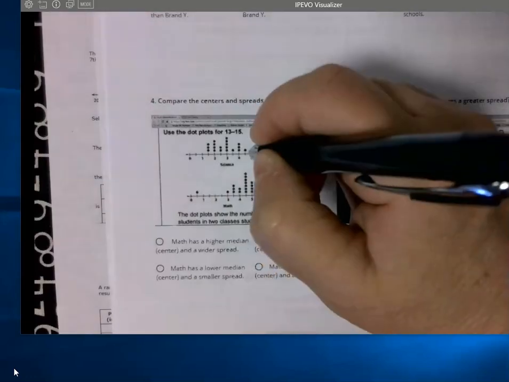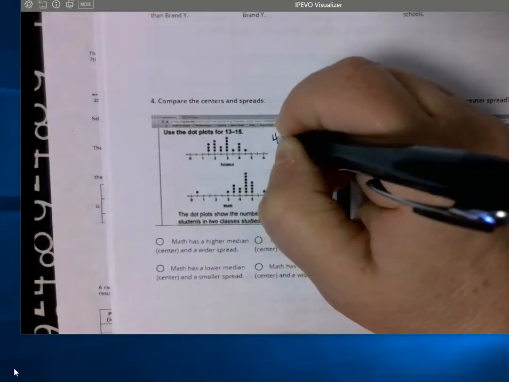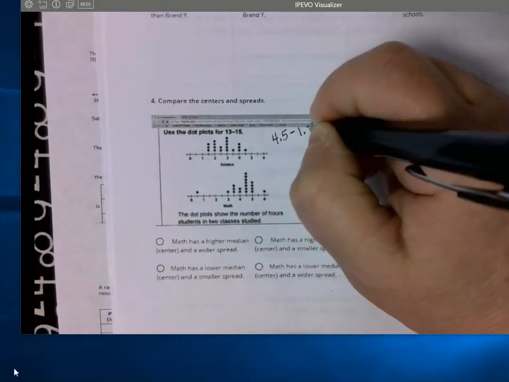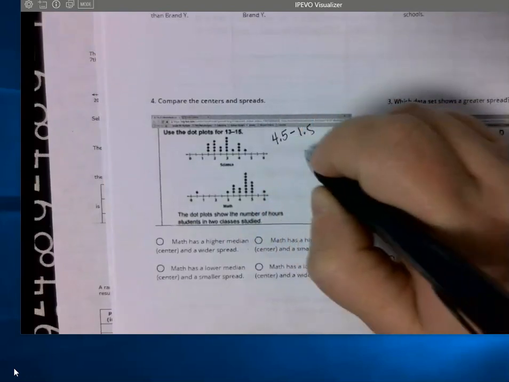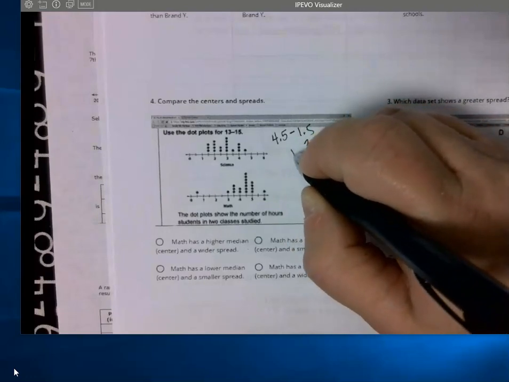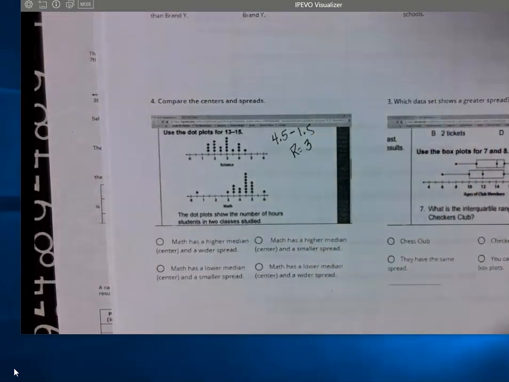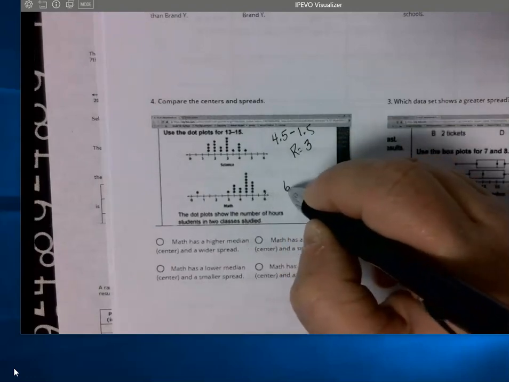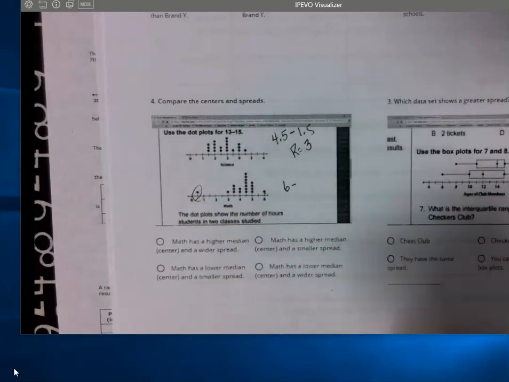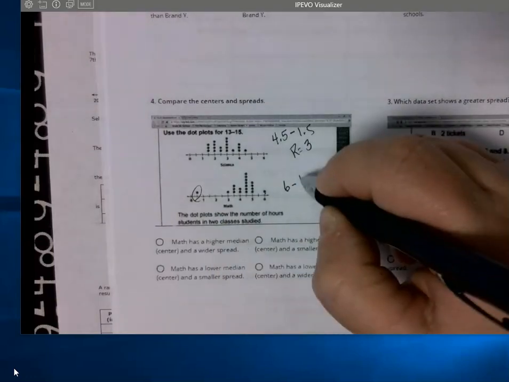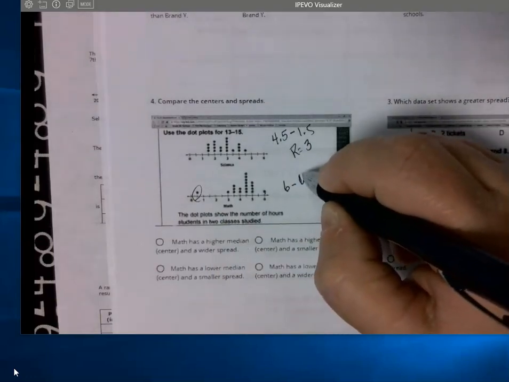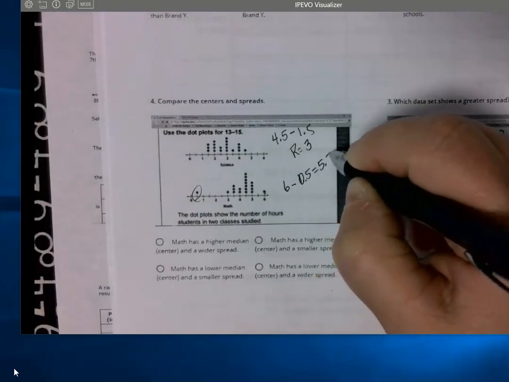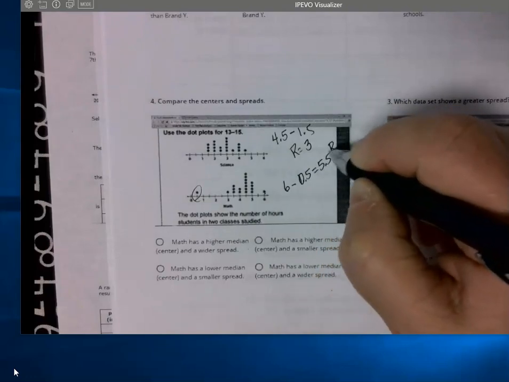The range here would be 4 5/10 minus 1 5/10, which is equal to a range of 3. But if I go here, I have 6 minus, don't forget this little one down here, 0 or 5/10, which is equal to 5 5/10, and that is my range.